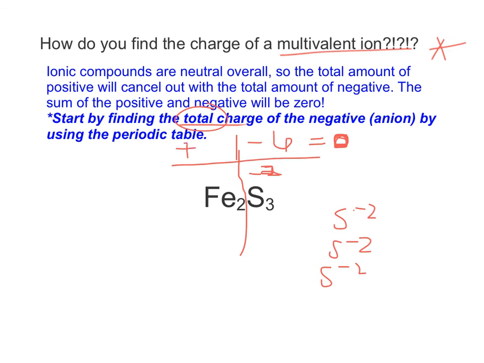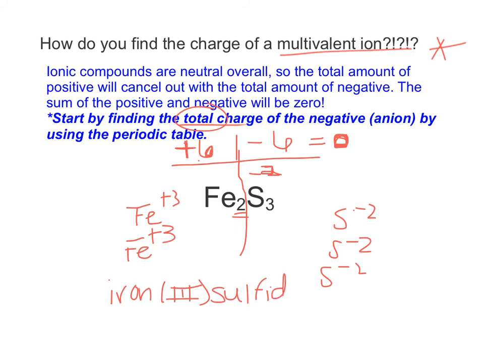So that means our positive charge must be +6 to balance it. But I have 2 irons to split that +6 charge. So 6 divided by 2 would indicate each iron is carrying a +3 charge. So the official name for this would be iron(III) sulfide.